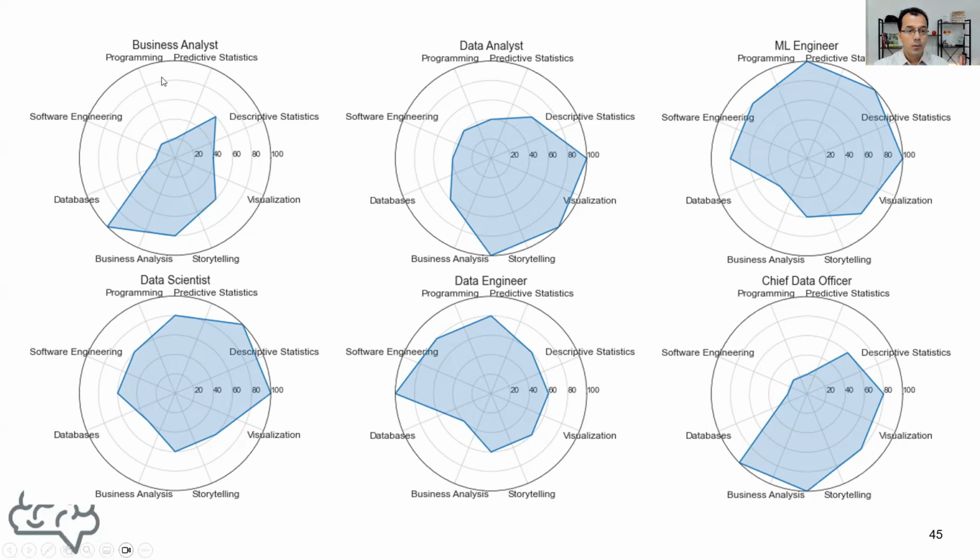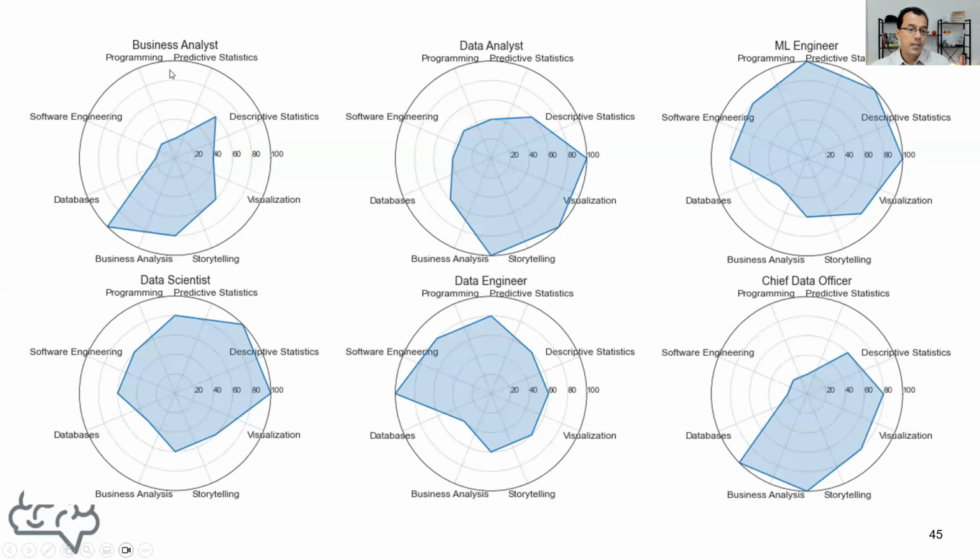Here I am presenting six different careers within data science: a business analyst, a data analyst, a machine learning engineer, a data scientist, a data engineer, and the chief data officer.